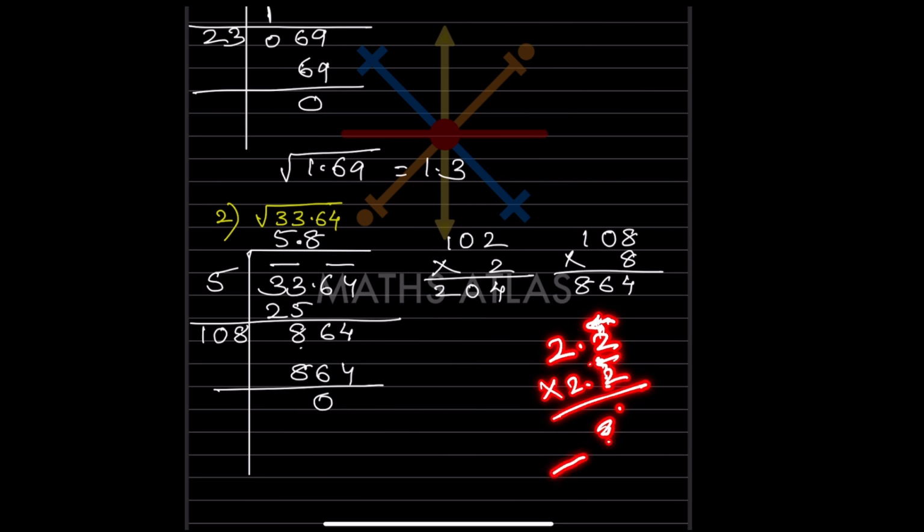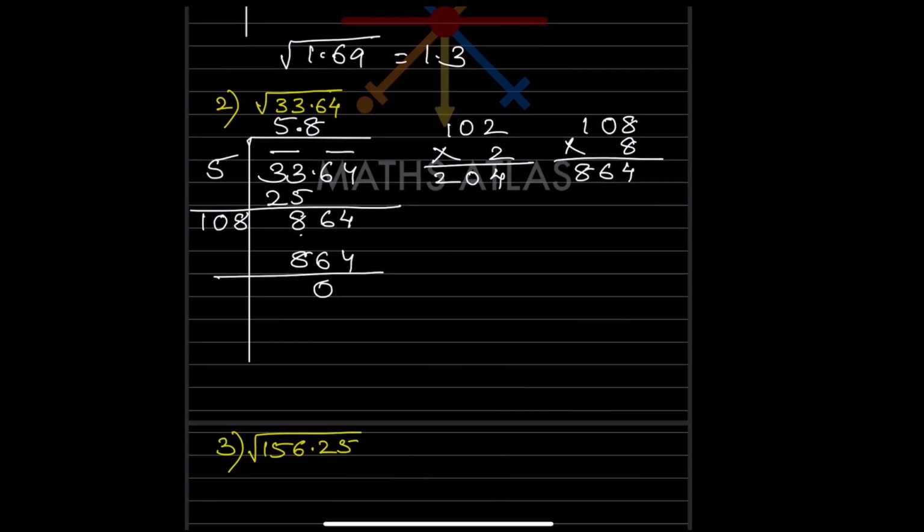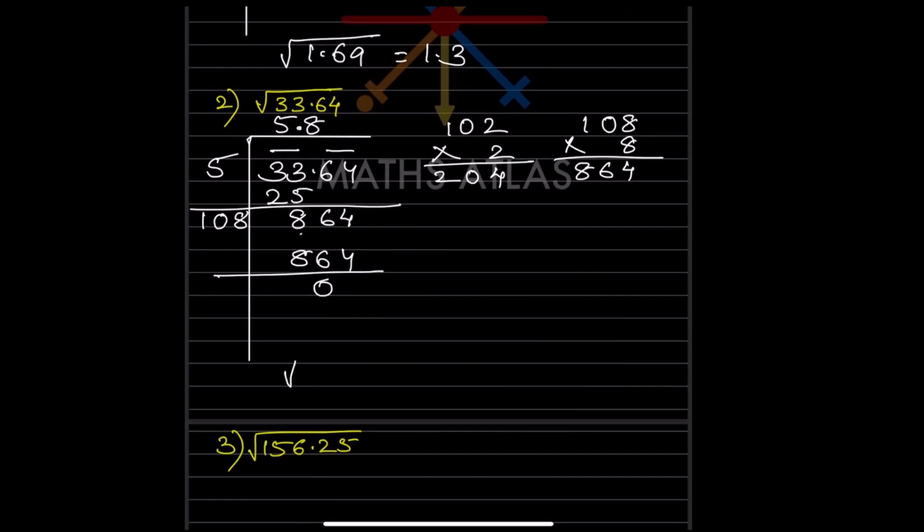There will be 2 numbers on the right hand side, and then the decimal point here, and there will be 1 number over here. So here, when we go from here to here, there are 2 numbers, so the decimal should be after 1 number. So you will write here root of 33.64 is equal to 5.8.